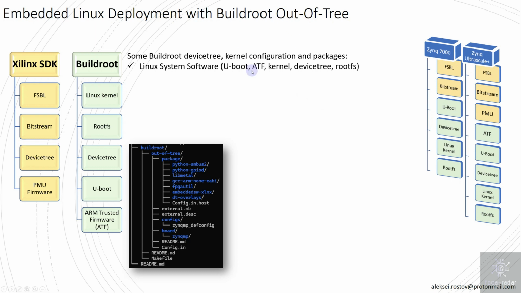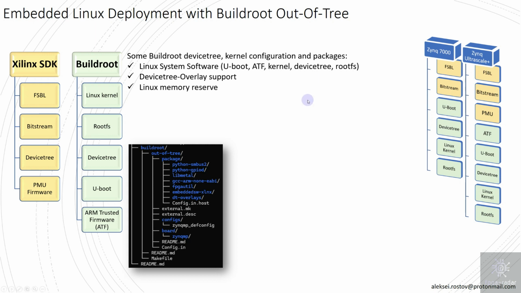With Buildroot, I am able to generate the second stage bootloader, trusted firmware, kernel, device tree, and rootfs file system, and device tree overlay support, as I mentioned before. This feature is quite important in order to configure the programmable logic part during runtime.